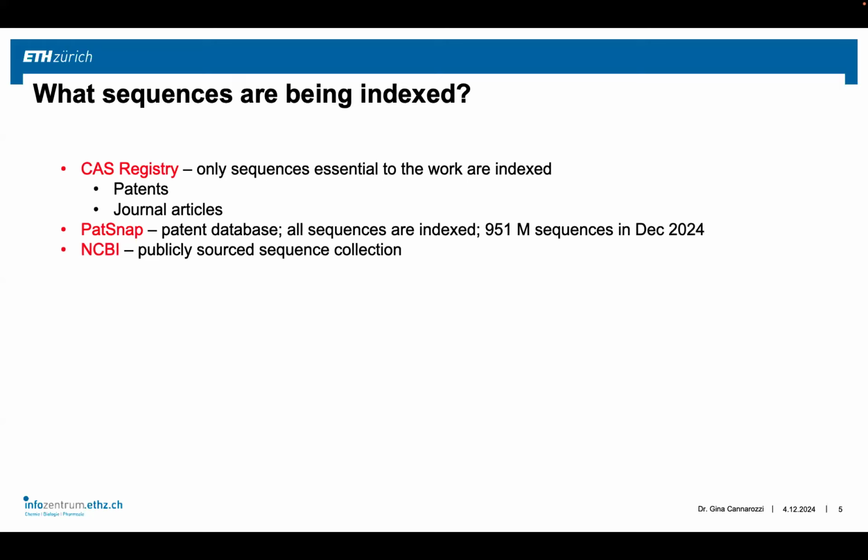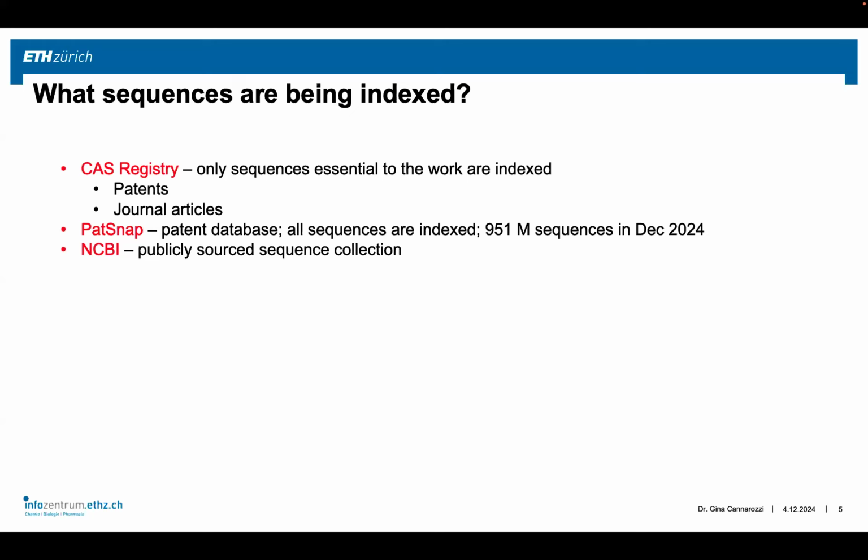They also include the PatSnap database, which is a patent database, including 951 million sequences as of yesterday, December 2024. And it has an interface to NCBI, so you'll get some publicly sourced sequences from NCBI.